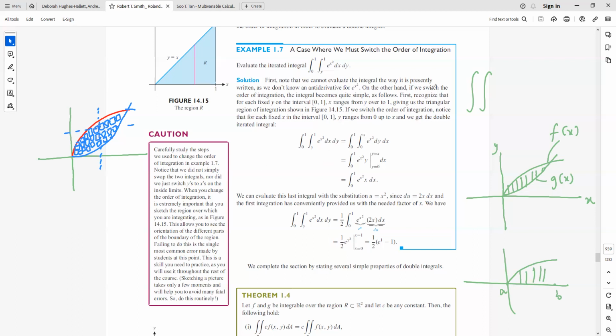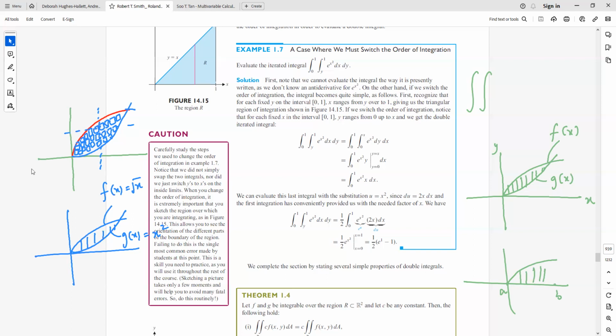So the first thing that we need to do is to find the limits, right? Let's say I have a function f of x that is square root of x, and a function g of x that is x squared, and I am interested in finding the area bounded between these two curves.